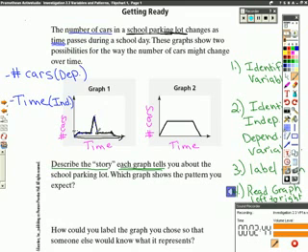Even if it was a drop-off and then a pickup, or a drop-off and then leave, I don't know, that just seems a little bit drastic. The second graph seems to make a little bit more sense to me, where the cars are just coming in, and then eventually there's no more cars coming, and then all of a sudden they start to leave slowly but surely. That just seems to be a much more likely scenario for a school than graph number 1. So it's going to be graph number 2.